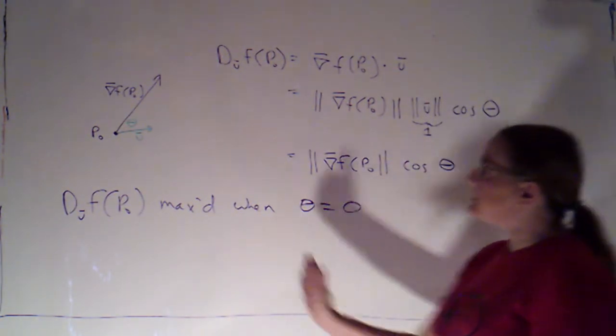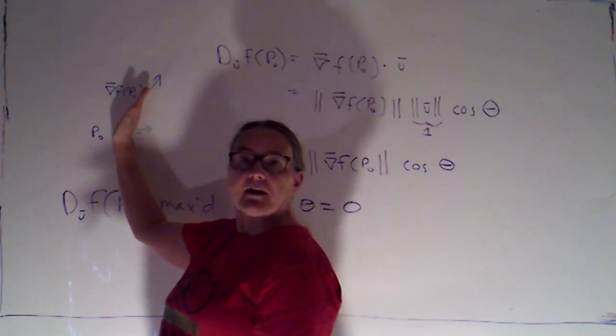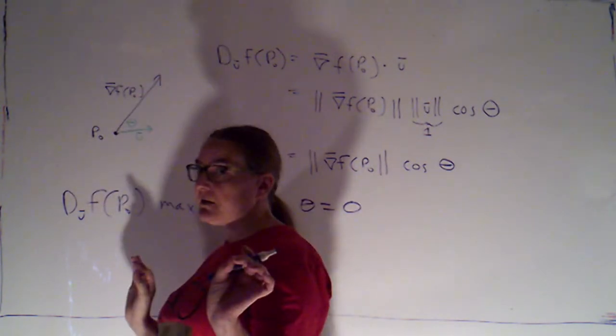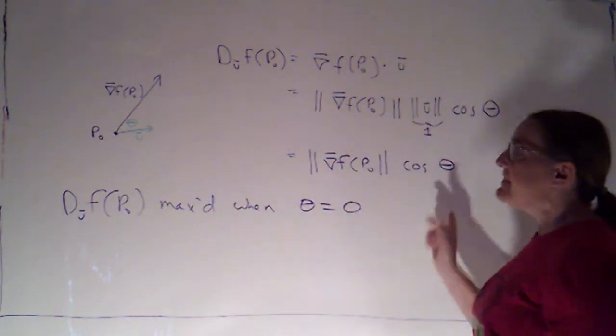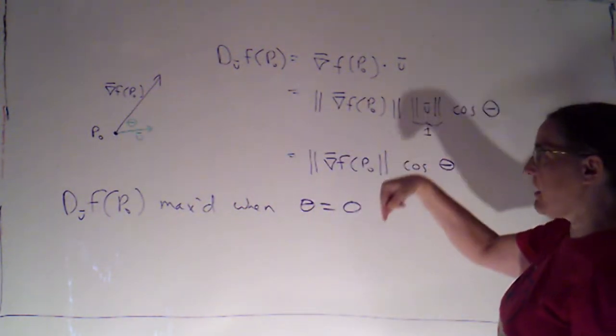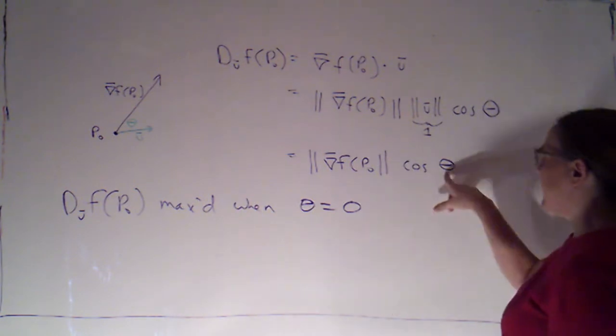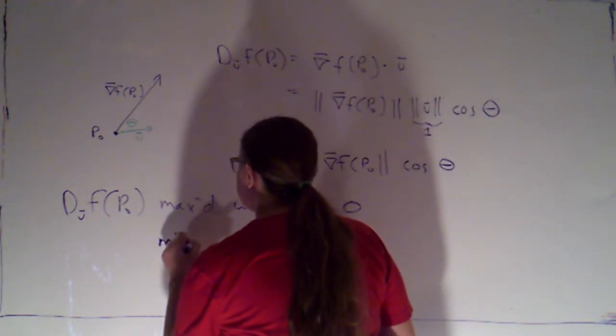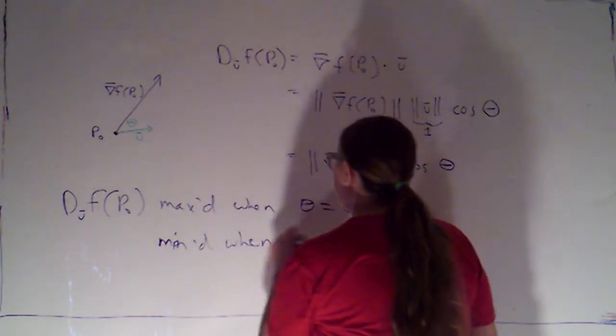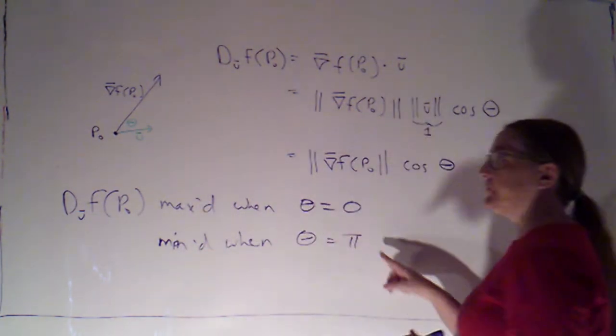Of course, what that means is that u would be pointing in the same direction as the gradient. Not just parallel to it, but parallel and in the same direction. That's important because, of course, if we're pointing in the opposite direction, that would make theta equal pi. So it's going to be minimized when theta is equal to pi.